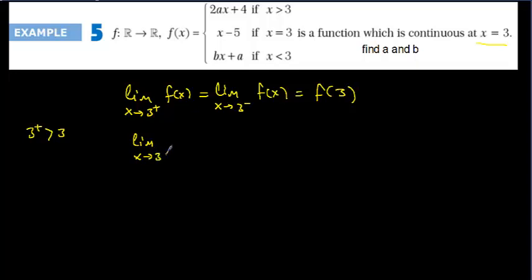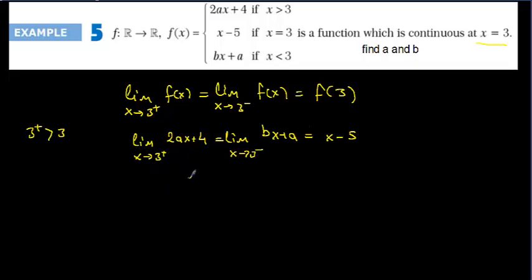Limit x tends to 3 from the positive side is equal to 2ax + 4, and limit x tends to 3 from the negative side of f(x) is going to be equal to bx + a, and f(3) should be equal to x - 5.